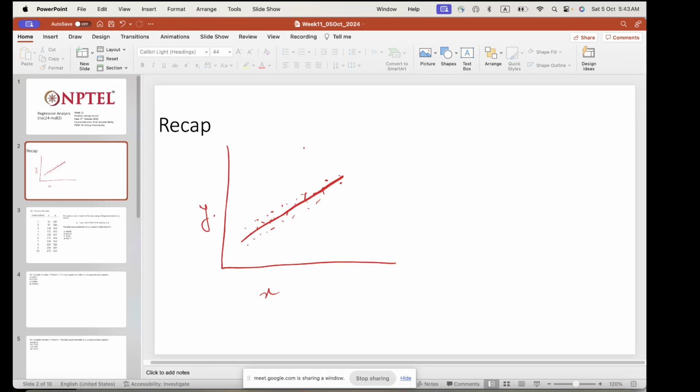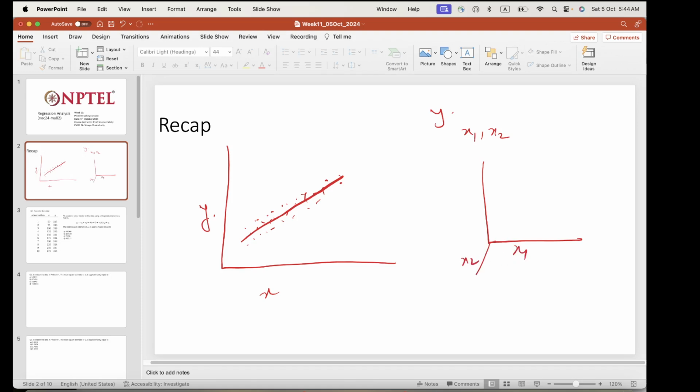When we have two variables, if this is x1, this is x2, and we have points scattered like this, and this is y, we sort of fit a plane.